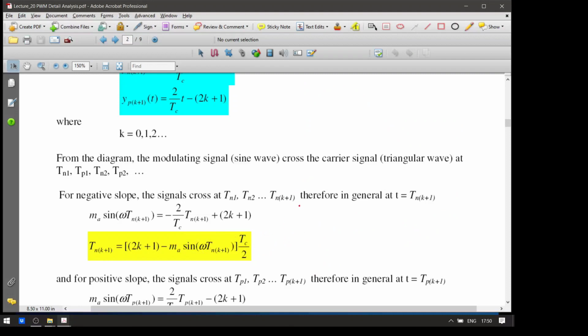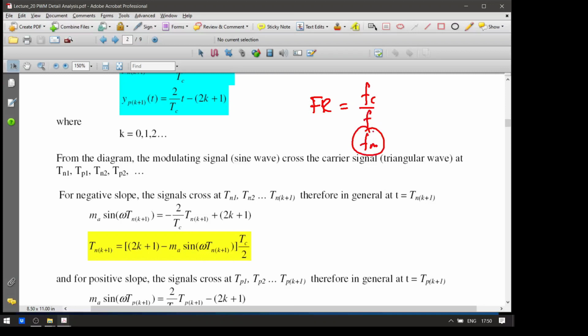And we have another variable, the level, which is the frequency ratio equals fc divided by f or fm, the modulating signal frequency.